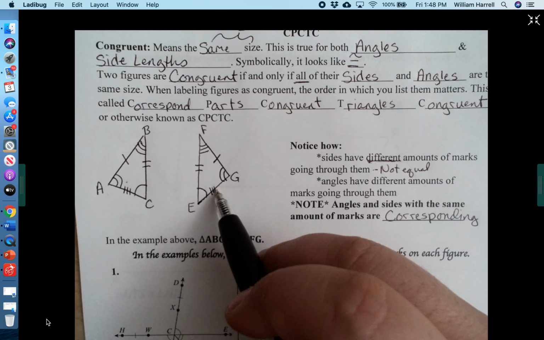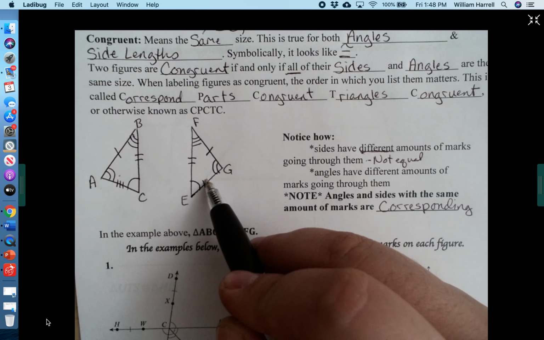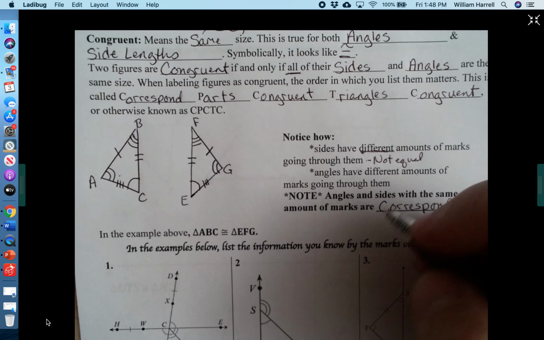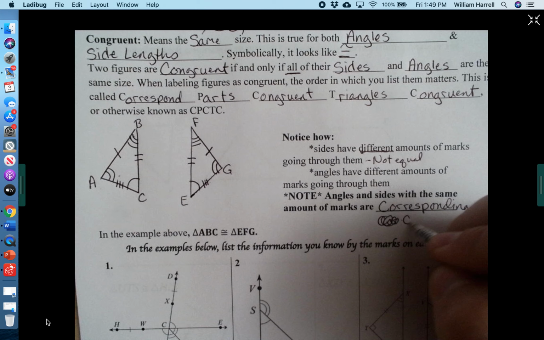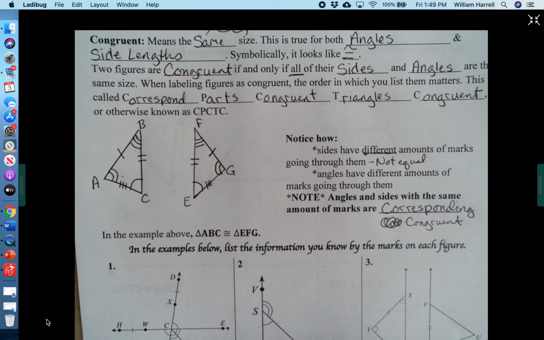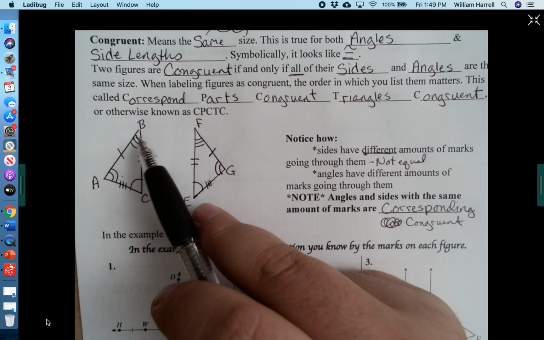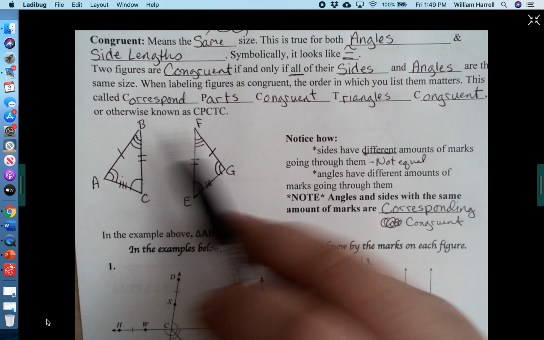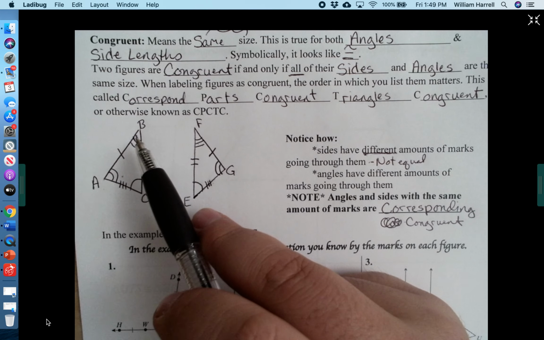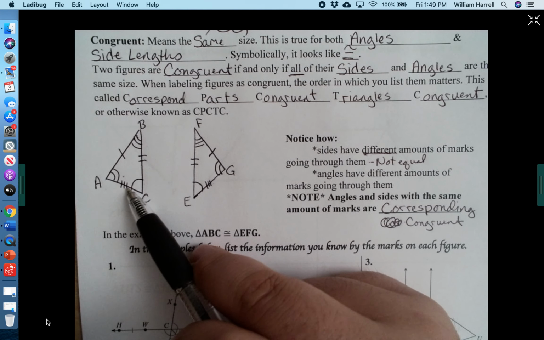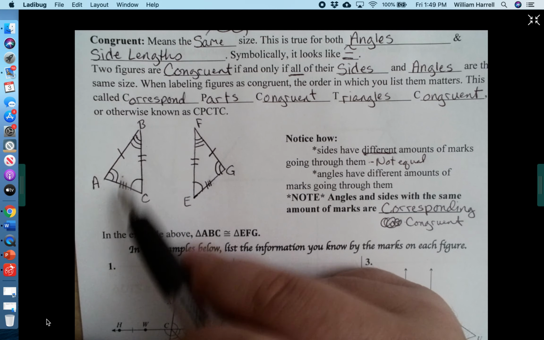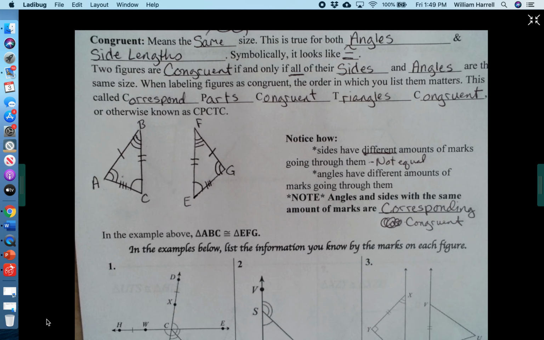It's the side that's not touching the angle, and that's how I'm going to mark it. This is kind of like a 2-for-1 definition. So again, if this has 3 marks and this has 3 marks, then symbolically they're equal. If an angle and an opposite side have the same amount of markings, that tells you they correspond with each other.